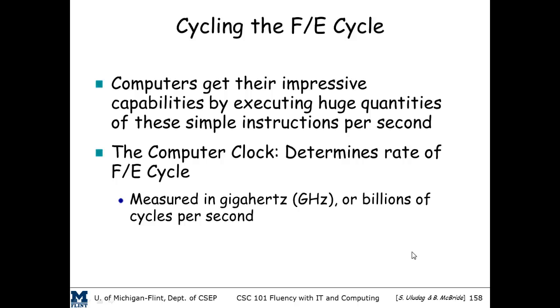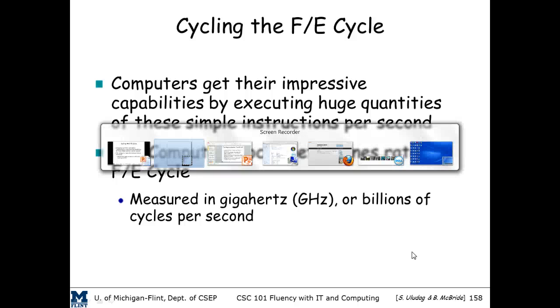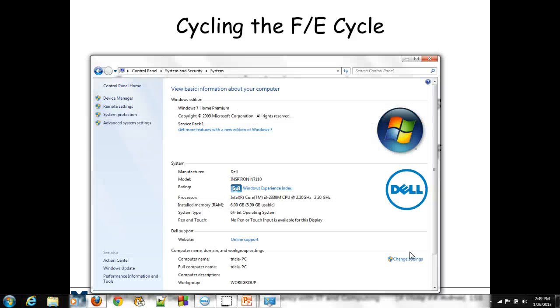The computer clock determines the rate that the fetch execute cycle executes in. It's measured in gigahertz, or billions of cycles per second. Let's take a look at, again, the computer that I'm recording on, and we can see that the CPU's clock speed is 2.2 gigahertz.